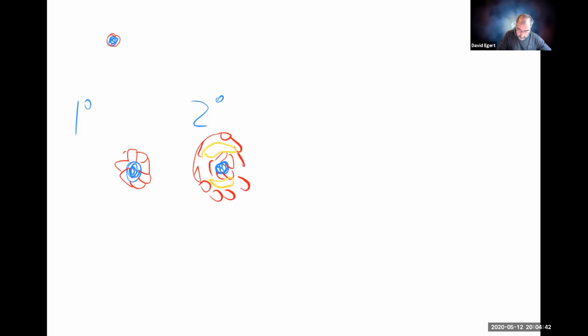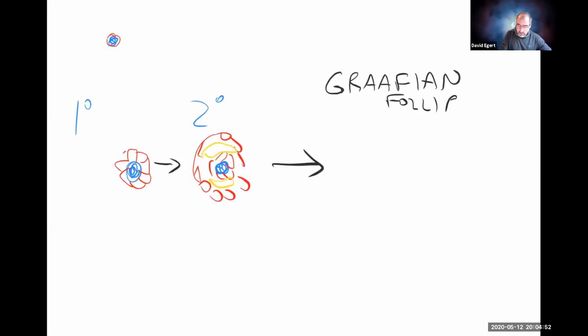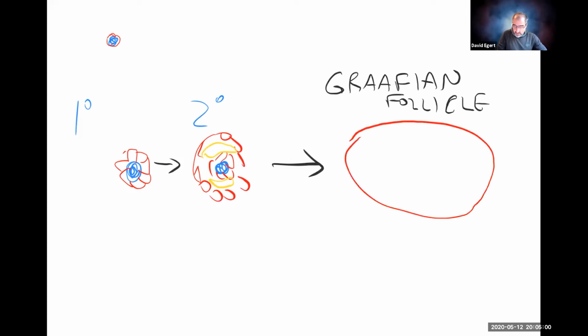And the final step is going to be called the Graphian follicle. Sometimes it's a vesicular follicle, the mature follicle. This is big. The egg is kind of just off on the side.